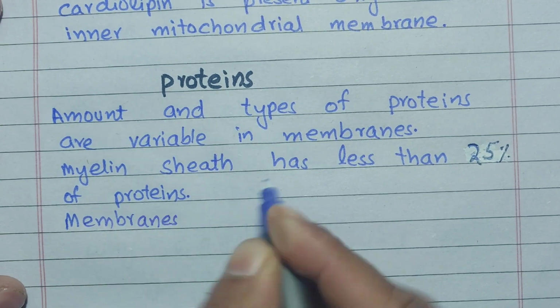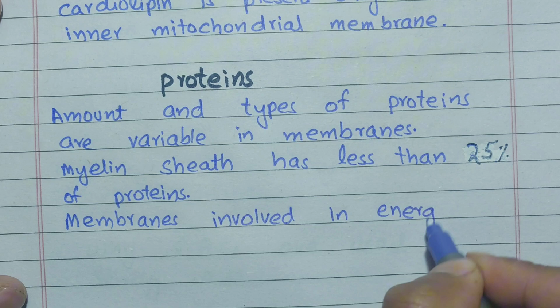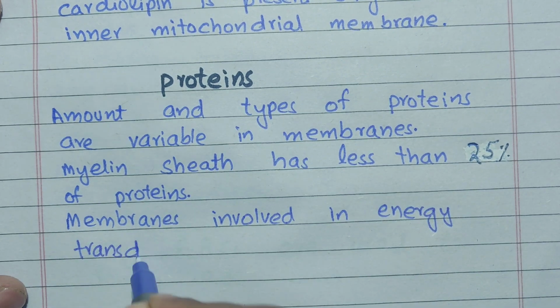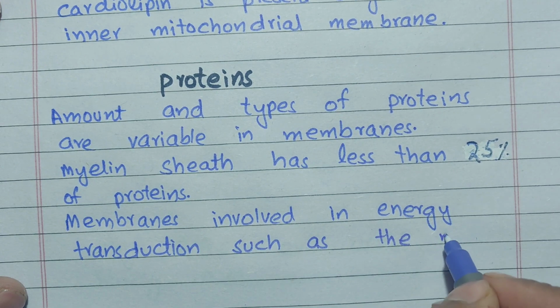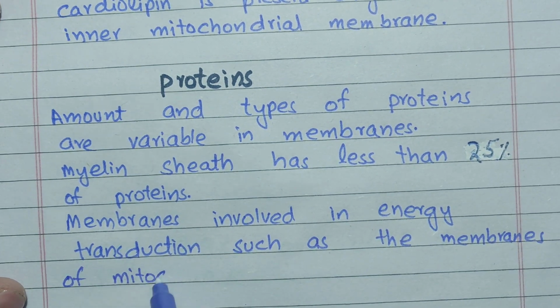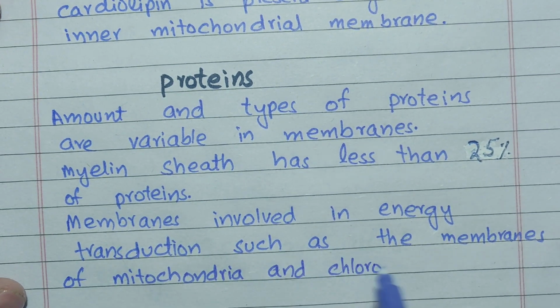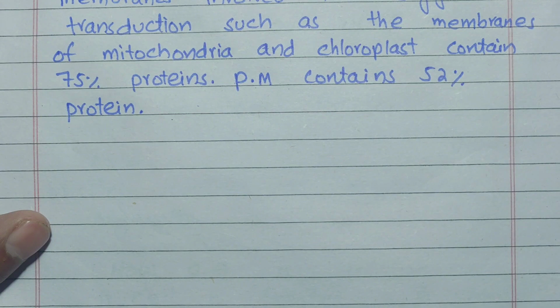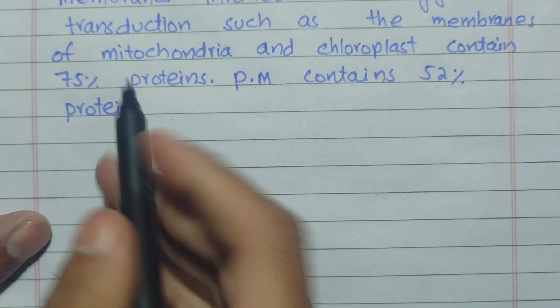Membranes involved in energy transduction, such as the membranes of mitochondria and chloroplast, contain 75% proteins. Plasma membrane contains 52% proteins.